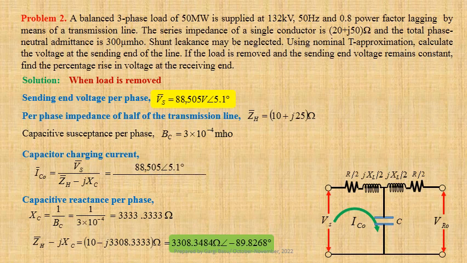Using values we get Ico equals to 88,505 at an angle 5.1 degree divided by 3338.3484 at an angle minus 89.8268 degree. That gives us 26.752 ampere at an angle 94.9268 degree.